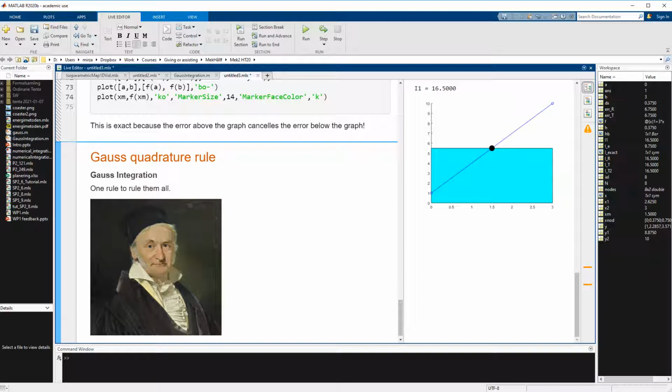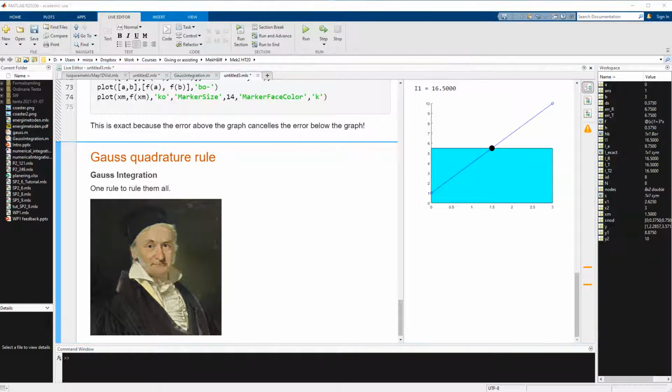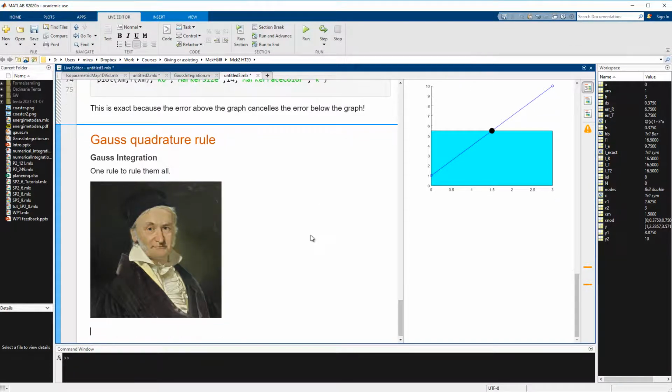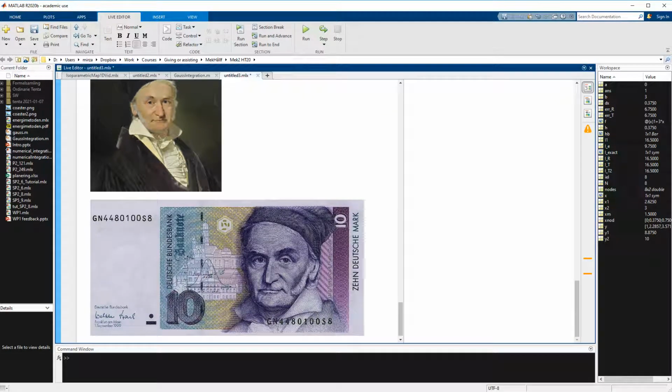This guy was kick-ass at what he did. The Germans actually put him on their money. So this is a 10 Deutsche Mark from a time where they had their own currency before moving to the euro. And this is our friend Gauss.